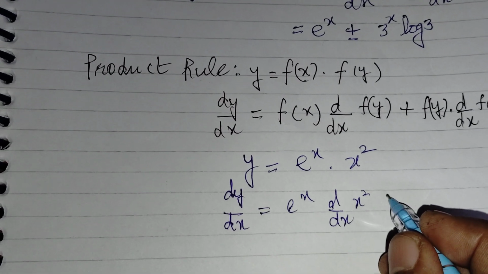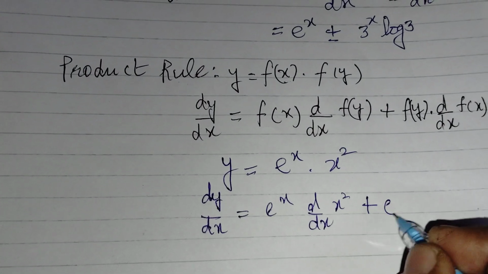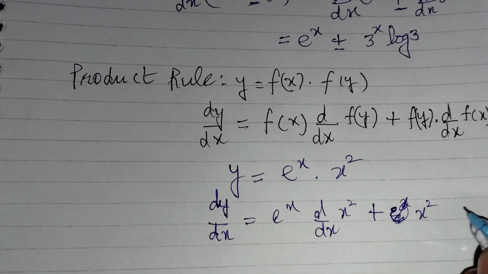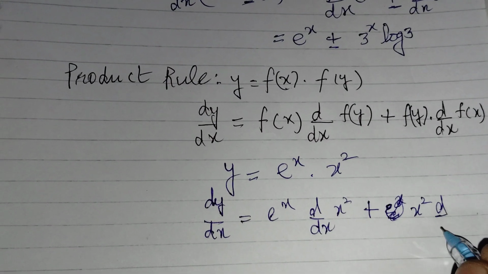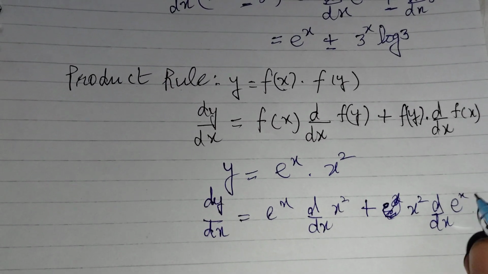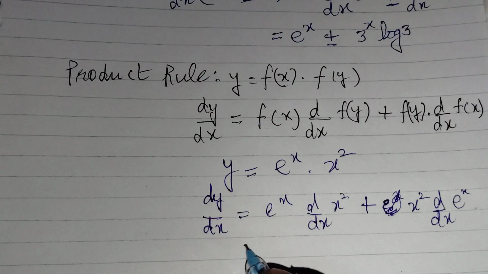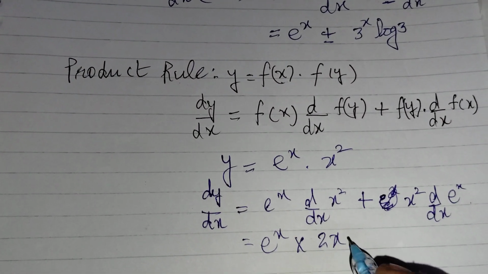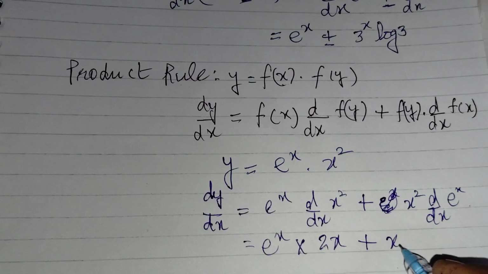Then what sign do we write? Plus sign. Now the second function we write as it is. The second function is x square. We write it as it is, and the differentiation of the first function, that means e power x. So e power x is written as it is. X square's differentiation, we know that it is 2x, and here x square is written as it is.